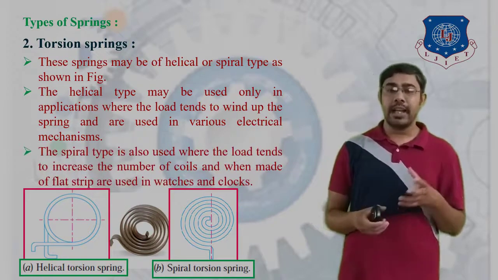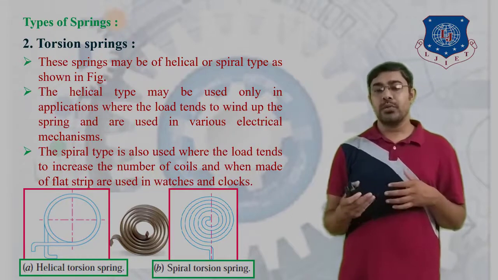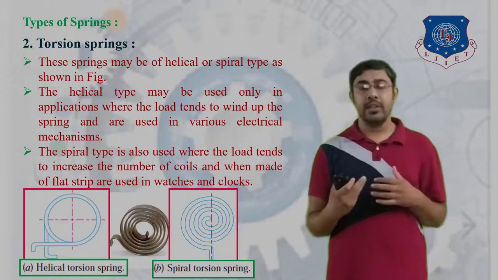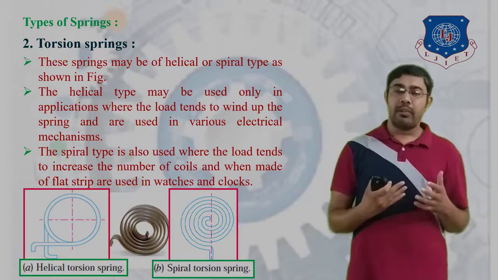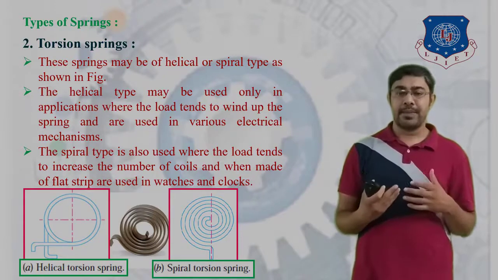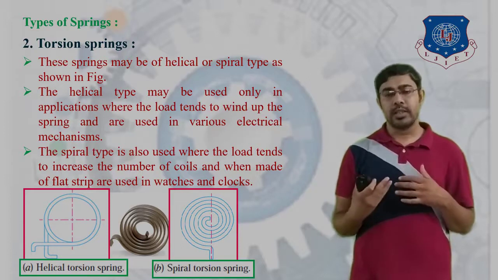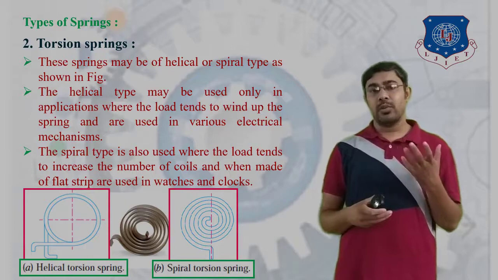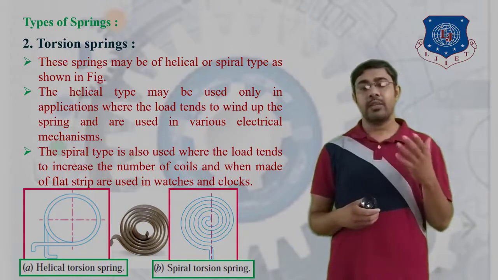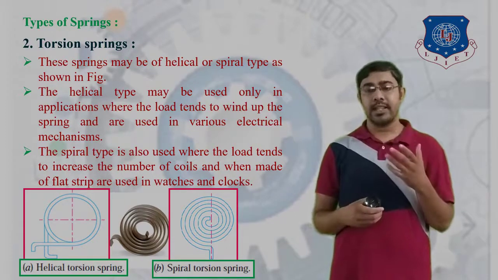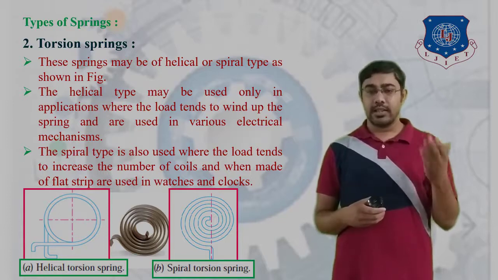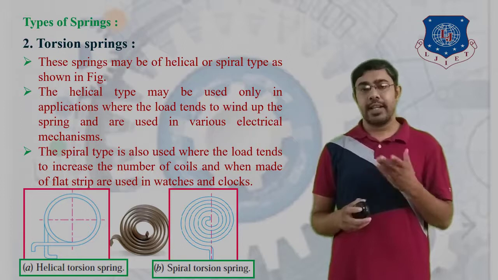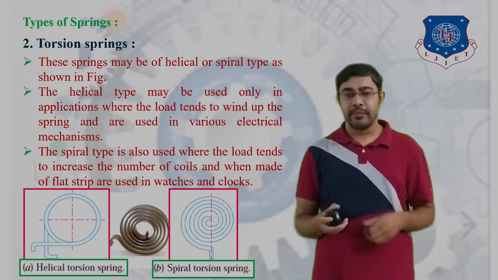The spiral type is used where the load tends to increase the number of coils, and when made of flat strips they are used in boats and clocks. We can also see spiral torsion springs used in clocks, toys and watches. So this is the second type of spring.